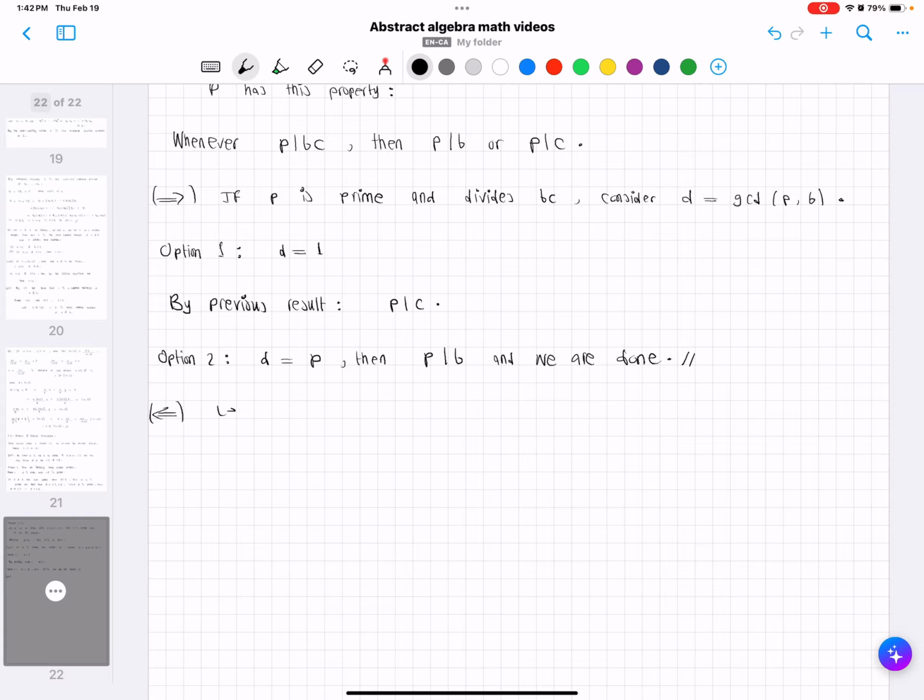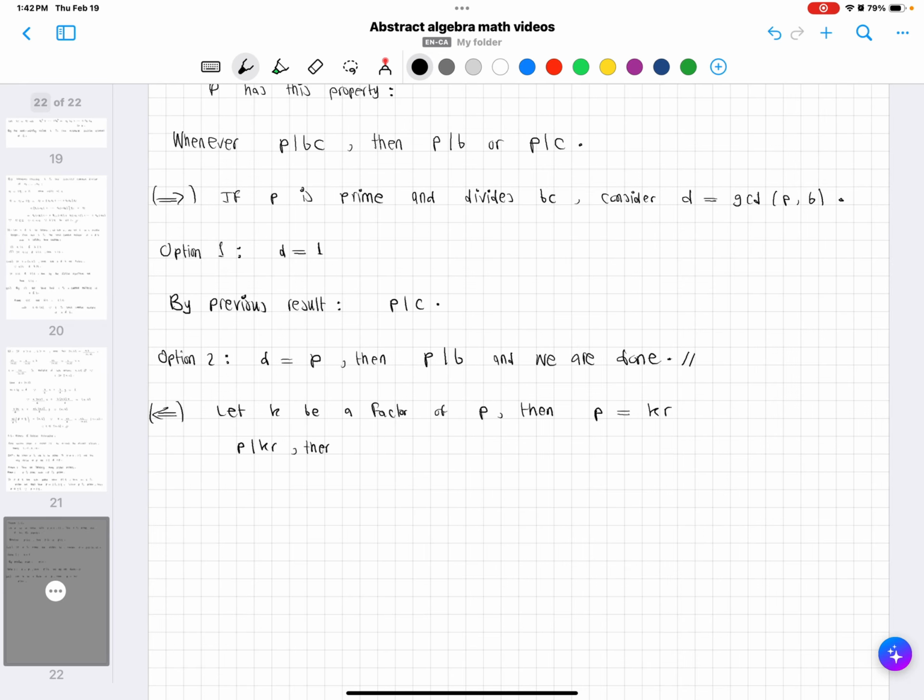So let K be a factor of P. Then you can write P as K multiplied by R. So then P divides K times R.